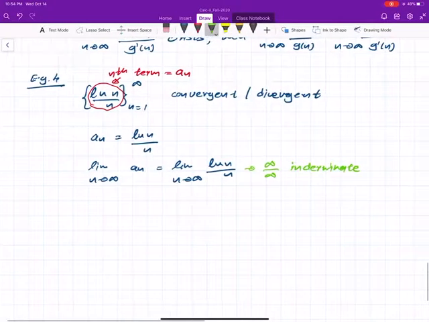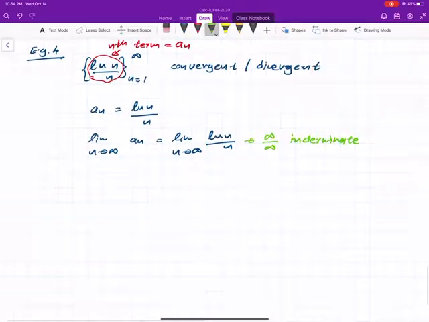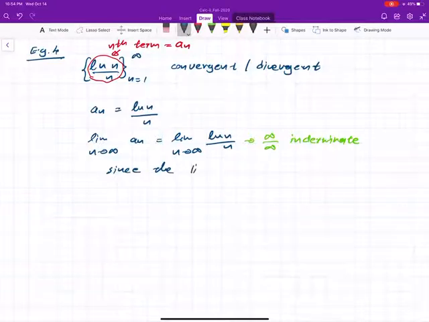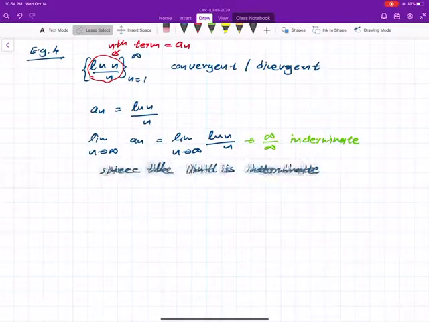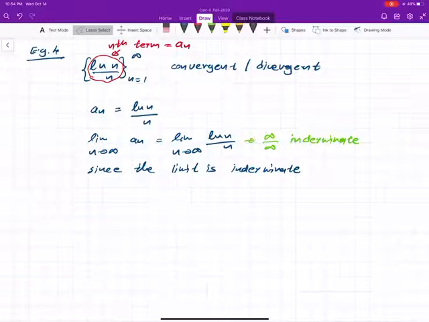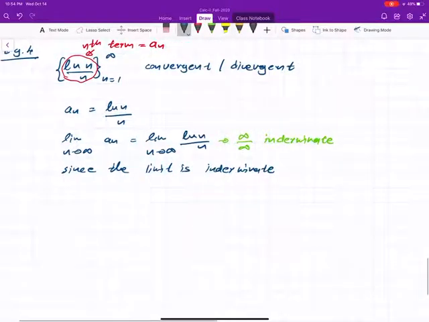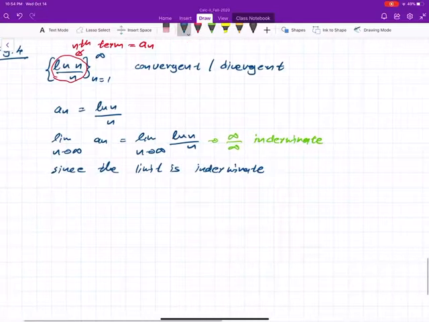Because of that, since the limit is indeterminate, we have to use L'Hopital's Rule.